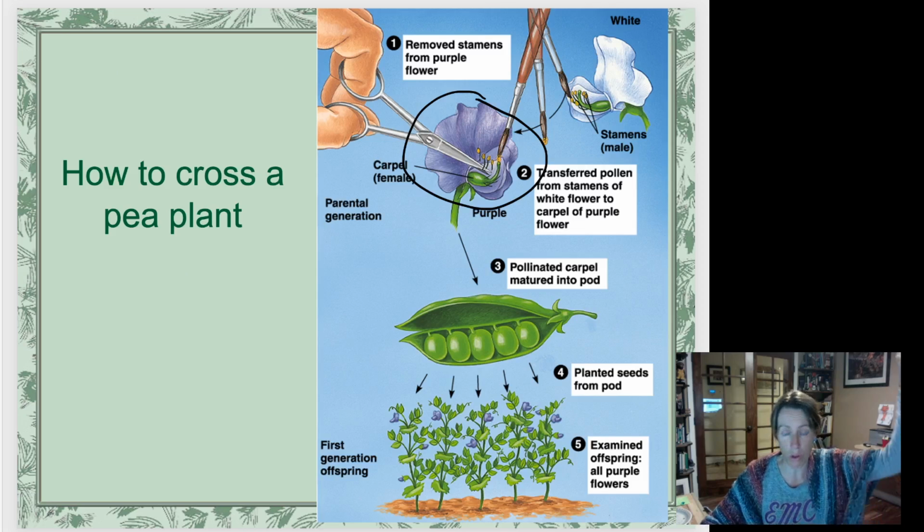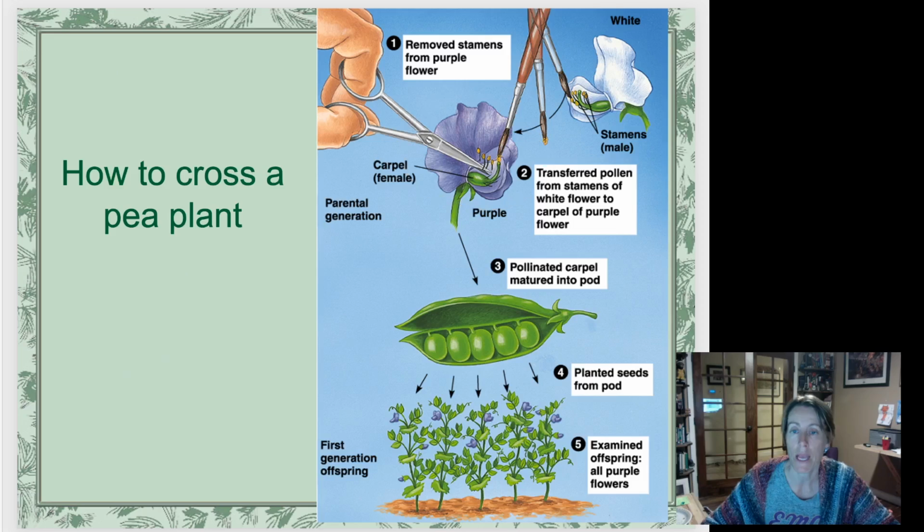In its whole ancestry, it had always been purple. That's what we call true breeding. And this is a flower from a true breeding white petaled pea plant. It's hard to say that fast. That means all of its ancestors had been white flowered, and they only ever had white flowered baby pea plants. So we have a pure purple flowered lineage and a pure white flowered lineage.